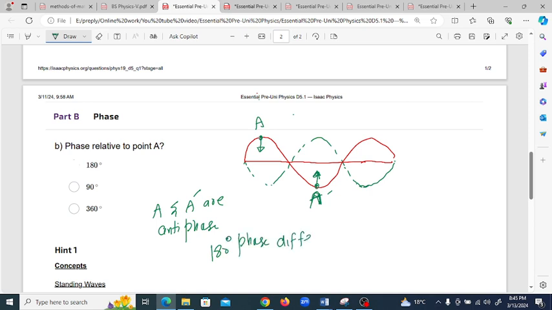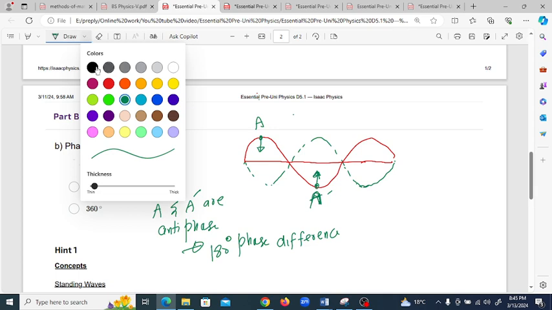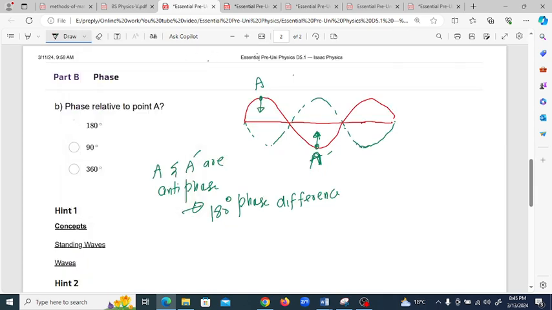Okay, one more thing you can also judge from: what is the phase relationship. Always remember that two statements are important. The points that are separated by an odd number of nodes, odd meaning 1, 3, 5, 7, are 180 out of phase.